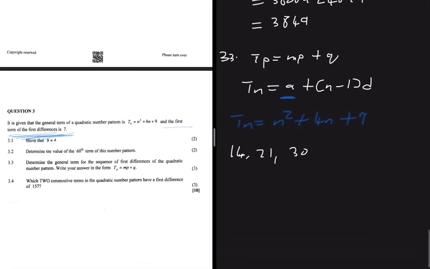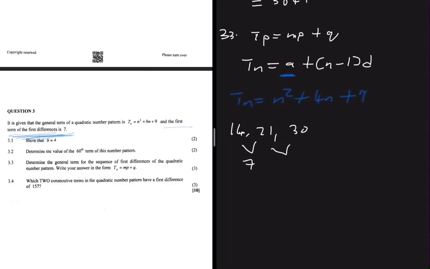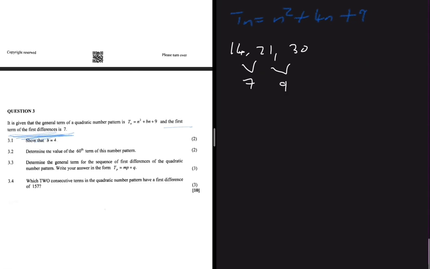If we find the differences, 21 minus 14 should be 7, and 30 minus 21 should be 9, right? And then the next difference is going to be 11, because for an arithmetic sequence, the difference is the same, right?